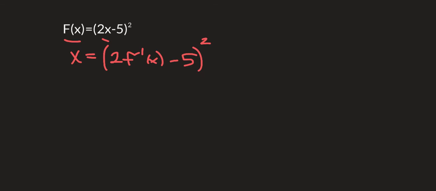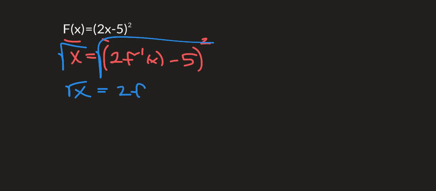So now I'm not only going to have to get rid of the 2 and the 5, I'm also going to have to get rid of this squared right here. So remember, to undo squared, you might remember this from Pythagorean theorem, we take the square root. So I'm going to take the square root of both sides. And so that's going to leave me with the square root of x equals, the parentheses aren't there anymore because they were just for the squared.